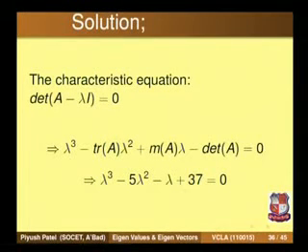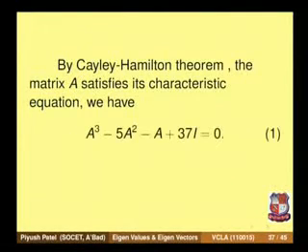After finding the characteristic equation, we want to verify the Cayley-Hamilton theorem, which says that if you replace lambda by A in the equation, A cube minus 5A squared minus A plus 37, then the equation would also get satisfied.